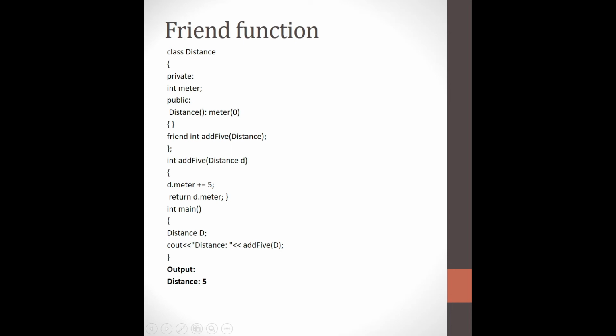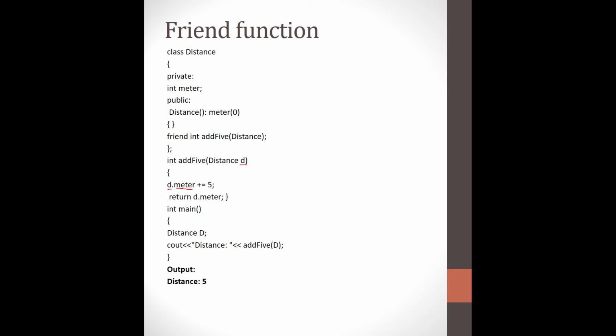Automatically it searches for the function name and sees that it is a friend function. It is declared inside, but it is defined outside without a scope resolution operator. But still it can access it with the temporary object that is being created over here. This meter is the private data of a class, but this meter can be accessed using this particular object.